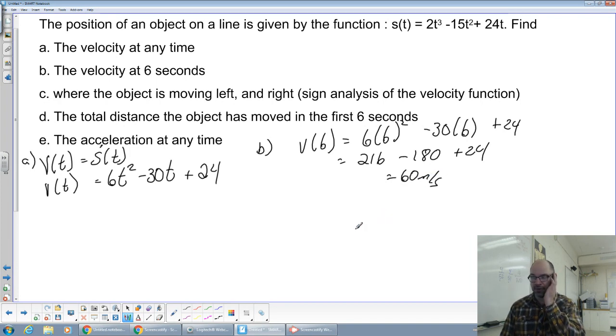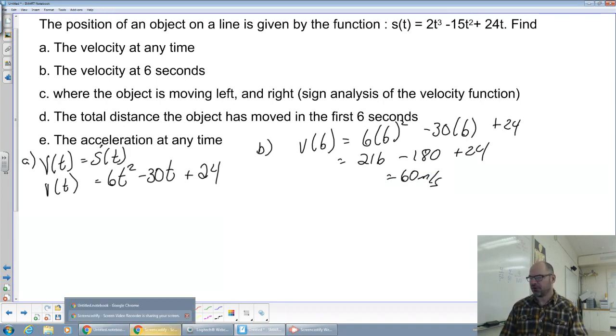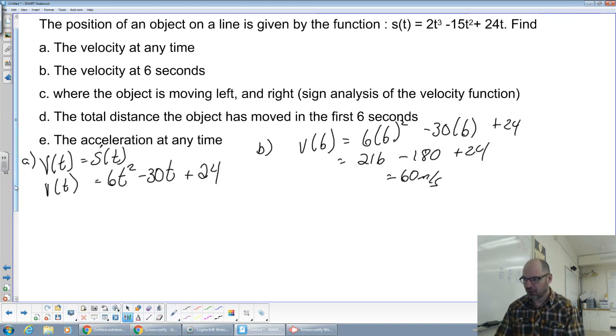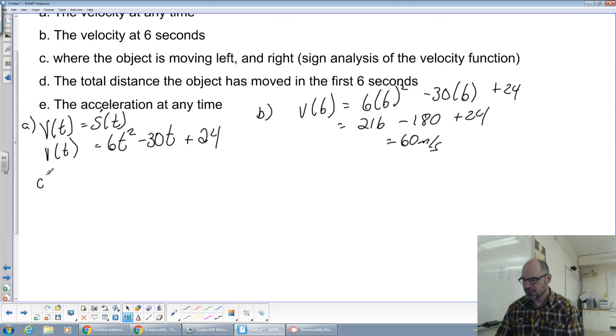Okay. And it says where the object is moving left and right. So we have to do a sign analysis on the velocity function. So we're going to take this velocity equation and we're going to factor it. So factor first. Okay, and set it to 0.